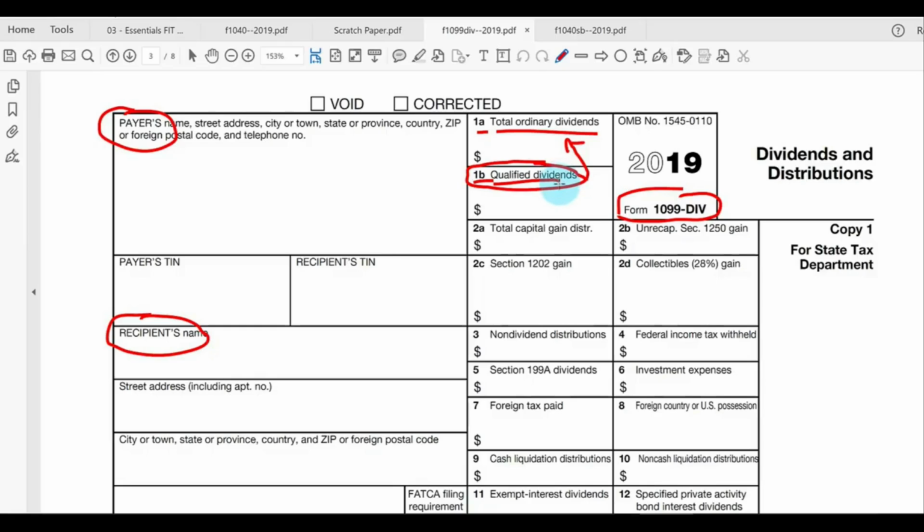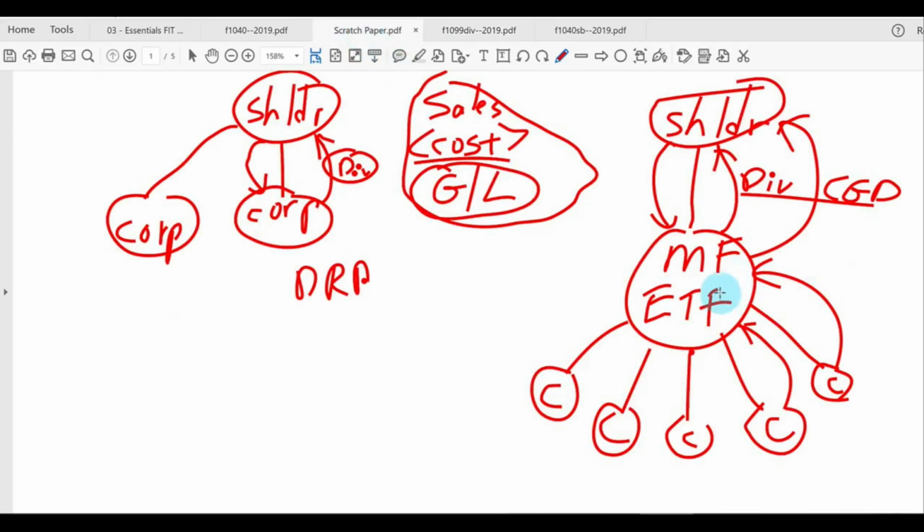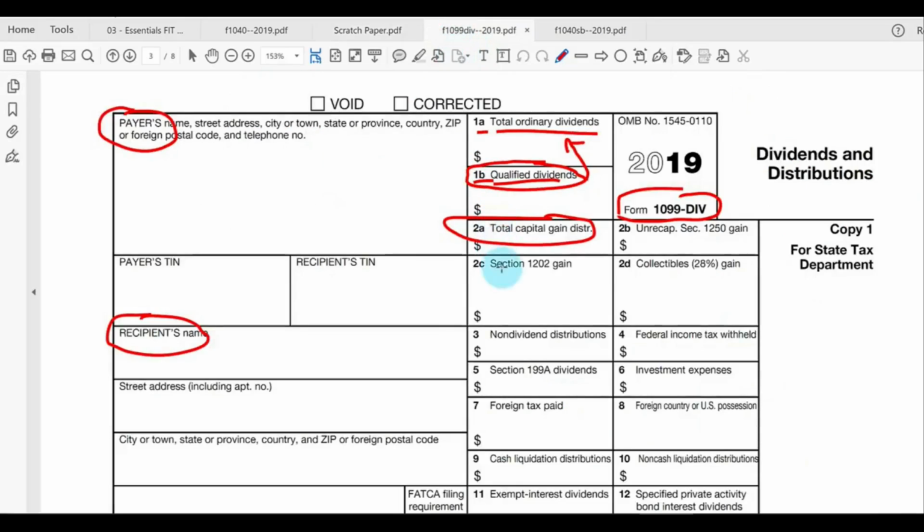Another box you need to be aware of is this one here in line 2A. Remember that capital gain distribution I talked about? If the underlying mutual fund or exchange traded fund sells the stock, that gain is going to be distributed back to the shareholder. So that's reported here in box 2A. Sometimes the corporation may pay out dividends that are not going to be taxable to the shareholder.